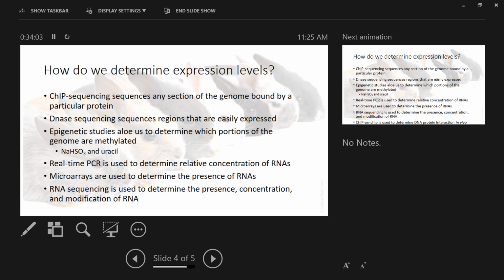So this gives you presence and concentration, which microarrays will do as well, but it also tells us how this RNA has been modified. Real-time PCR will give you presence and relative concentration, not absolute. Wait, so this last one does all 3? Absolute. Yeah, but it's labor intensive and it's kind of expensive, not because of the materials. Microarray materials are a lot more expensive than RNA sequencing, but man hours.